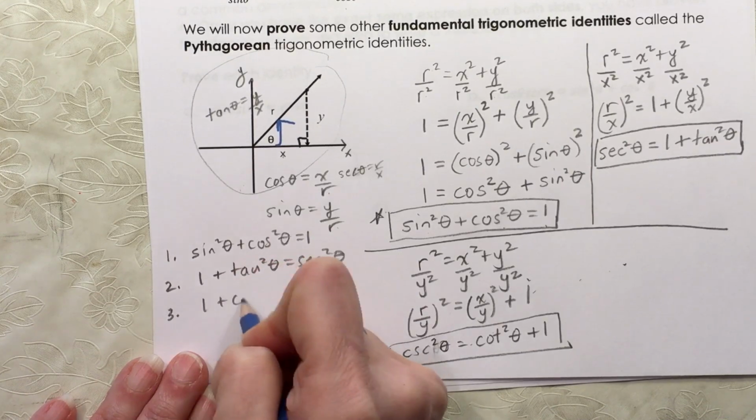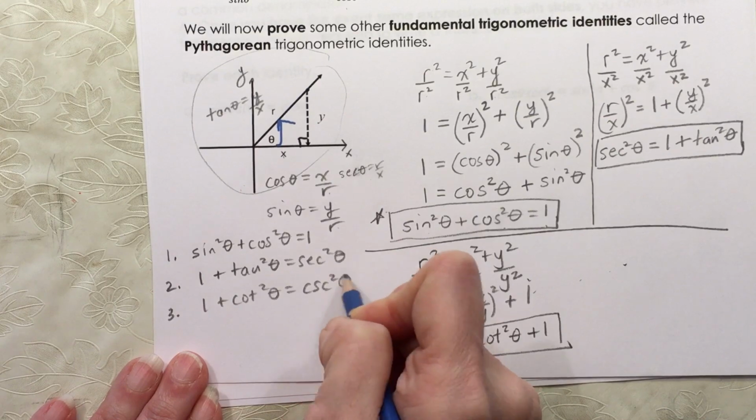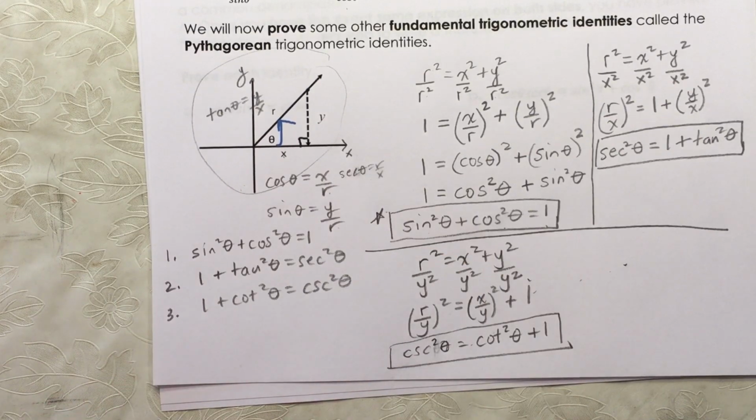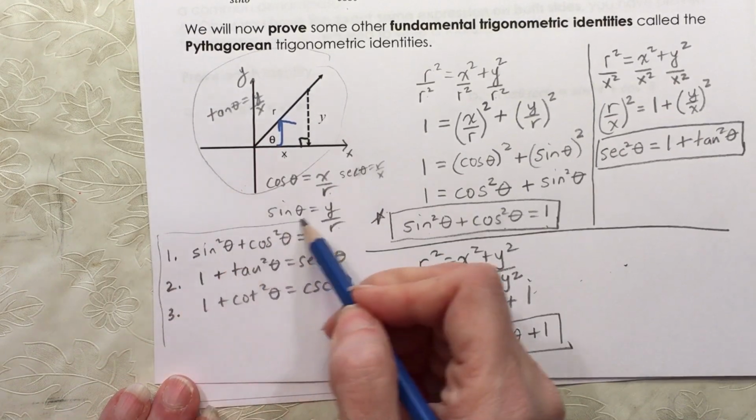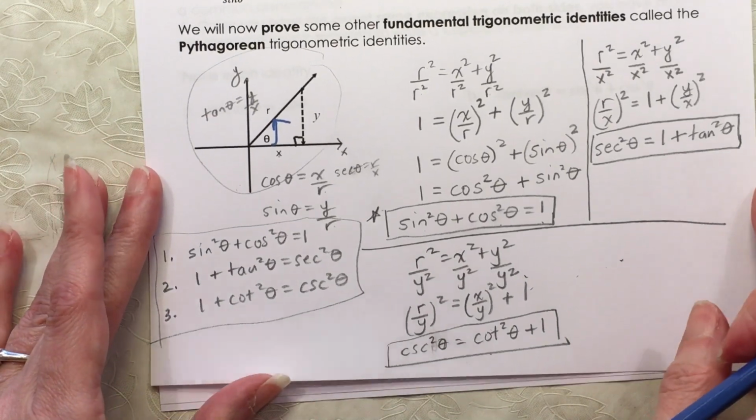And 1 plus cotan squared theta is equal to cosecant squared theta. So those are our 3 Pythagorean identities, with the most famous trig identity being that sine squared theta plus cos squared theta equals 1.